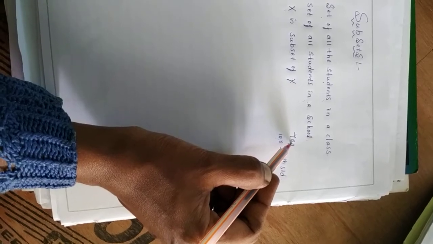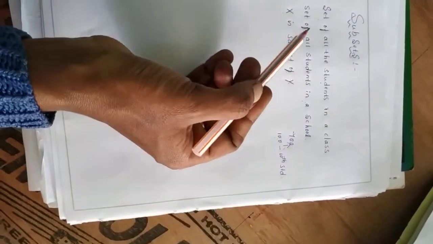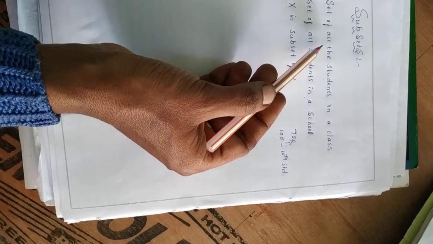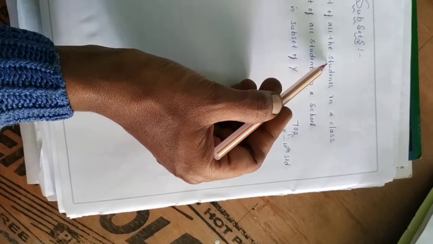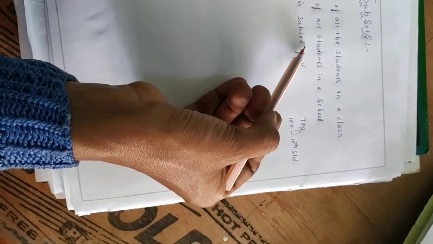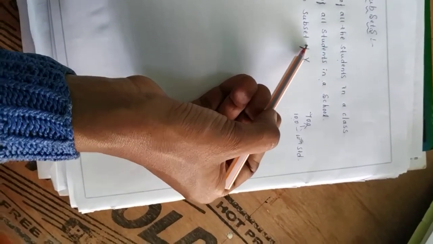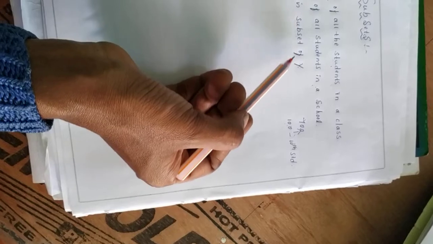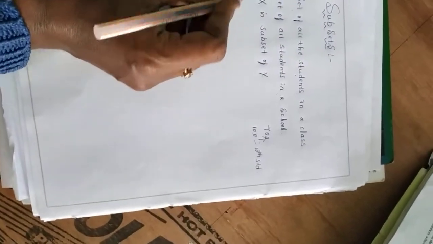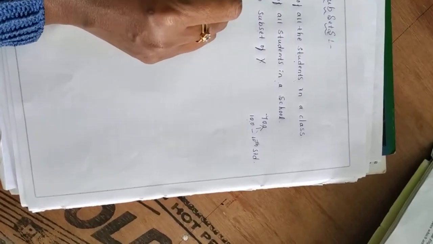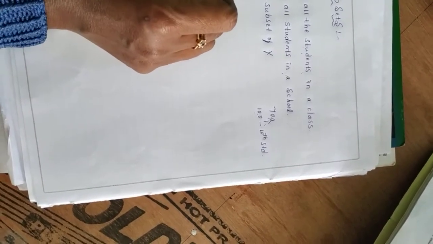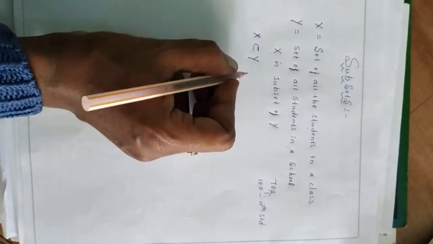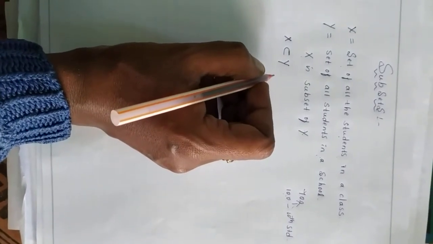How can you define the subset? A set X is said to be a subset of Y if every element of set X is also an element of set Y. Then we can say that X is a subset of Y. In other words, we can write it in notation as X ⊂ Y. This is the symbol we can use to denote the subset.